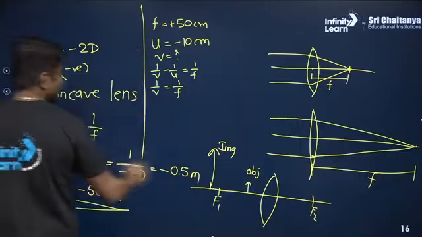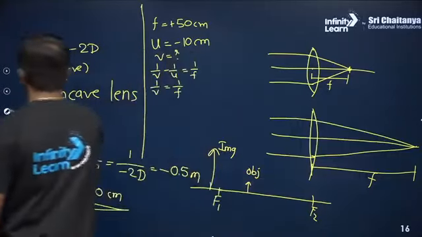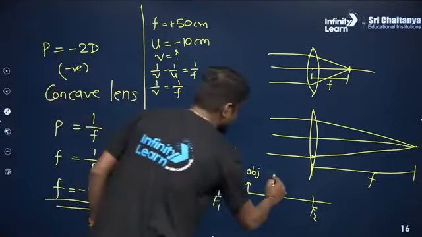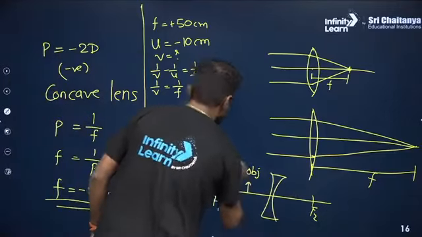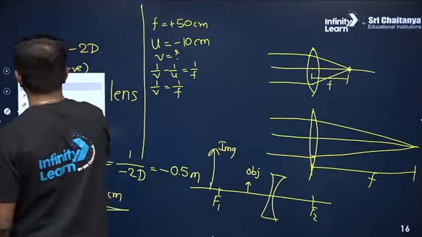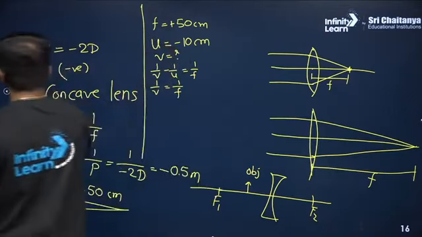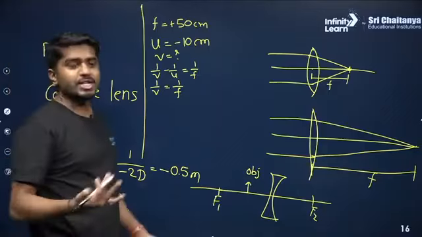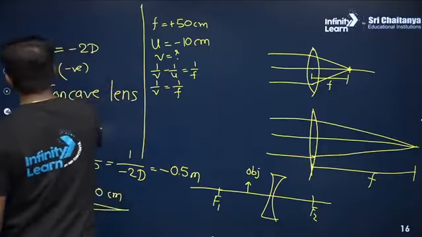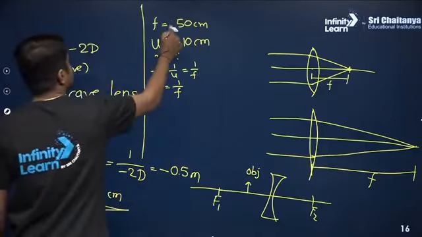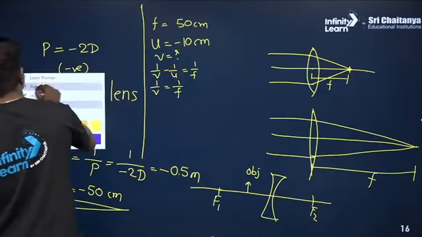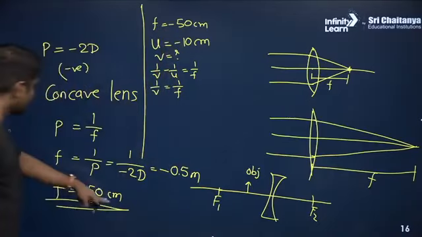My bad. There is a concave lens. There is an object here, at this location. Okay. So it is going to form the diminished image. Focal length is minus. Focal length is given as -50.